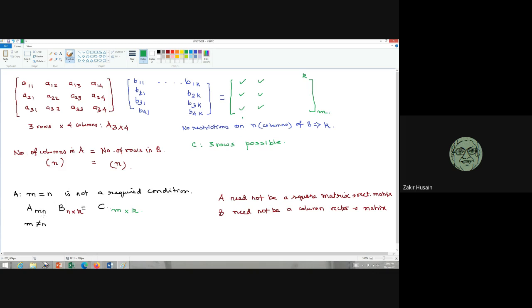So the easy way of doing it is A m into n, the n will continue over here. You add k, n cancels out. So you have m into k. C will become m into k. That is the easy way of remembering this. But be very careful, because whether the system is feasible or not, you can understand only if you look at the dimensions of the different matrices.